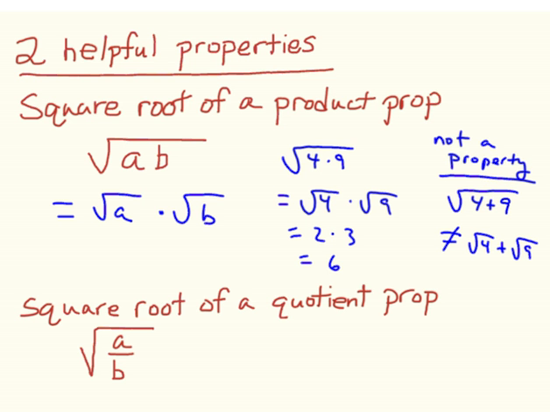That doesn't work mathematically, so don't try to. It's the square root of a product property, not the square root of a sum or a difference. If you did this on your calculator, this is equal to the square root of 13, and that doesn't equal 5, does it?